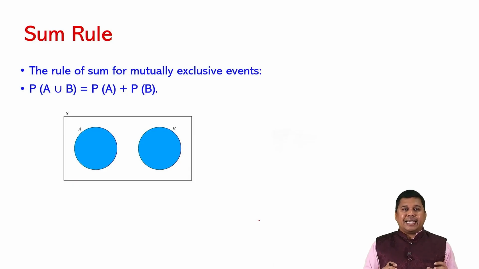So, when there are two events A and B and they are mutually exclusive, meaning there is no common part in both of them, the sum rule formula is P of A union B equal to P of A plus P of B. We do not have the intersection part here.